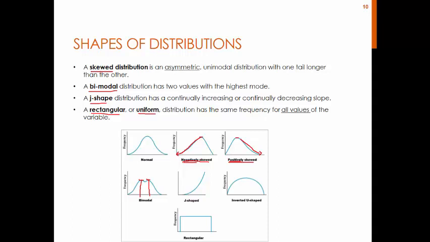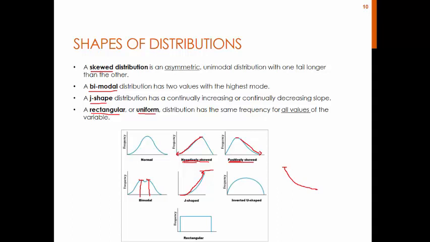A J-shaped distribution, so this is what we would call a J-shape. In this case, it continually increases. So it starts at the minimum and increases up to the maximum. We could also have a J shape that started at the maximum and decreased down to the minimum.